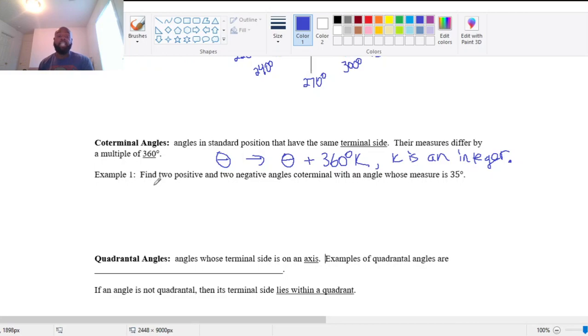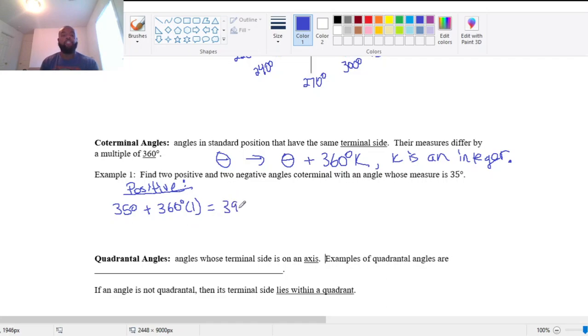For instance, in this example, it says find two positive and two negative angles coterminal with an angle whose measure is 35 degrees. Well, my angle here is 35 degrees. I'm going to find my two positive angles. I can take that 35 degrees and add one revolution to it, or 360 degrees times one, where I let this constant k be one.